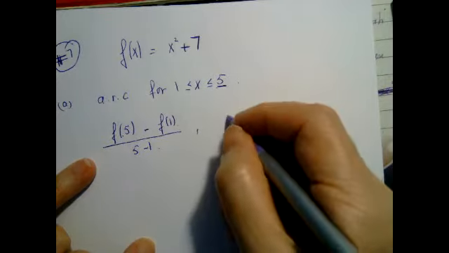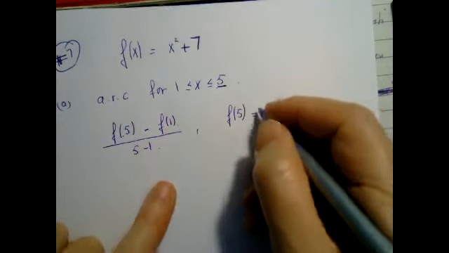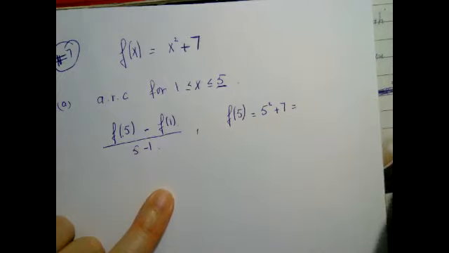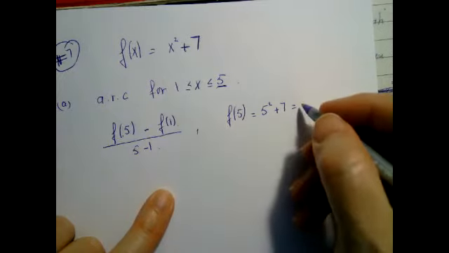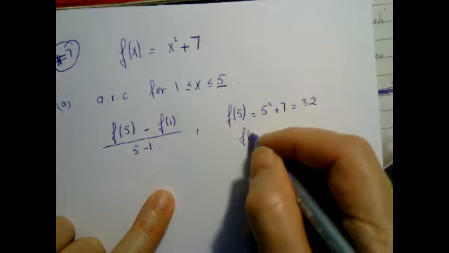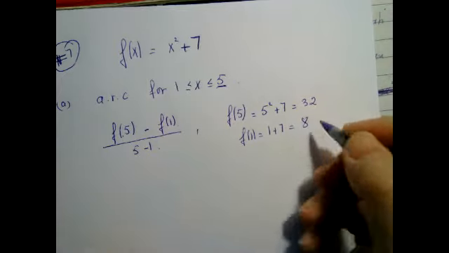The output at 5 is 5 squared plus 7, which is 25 plus 7, which is 32. And f of 1 is 1 plus 7, which is 8.